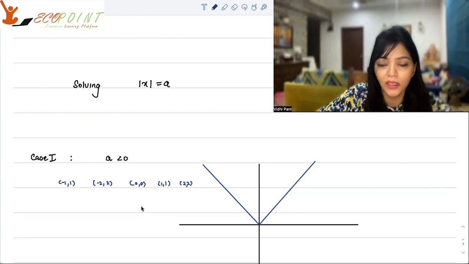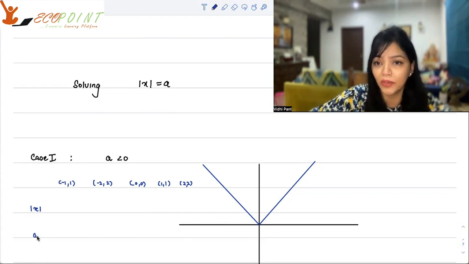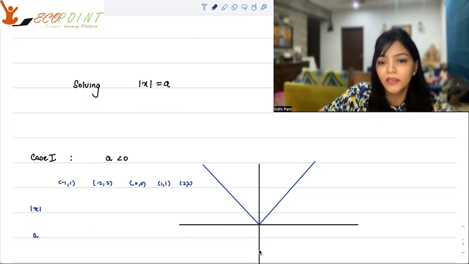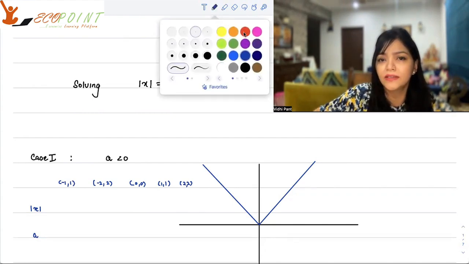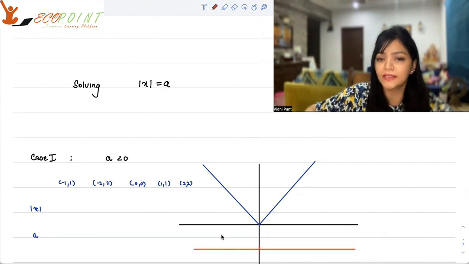Okay. Now, what are we saying? We are saying modulus of x equals to a. So this equation involves mod x, and it involves a, the number a. So a is negative in this case. A negative means it is somewhere here.